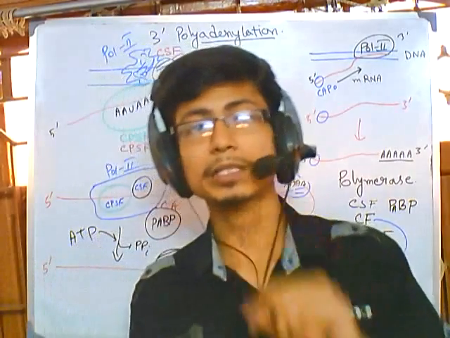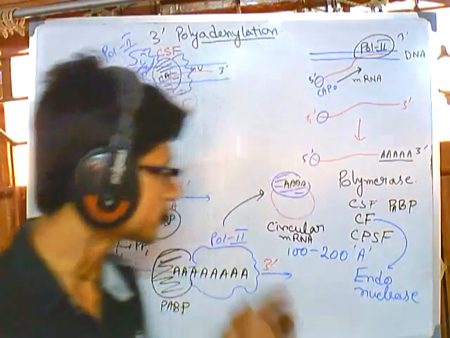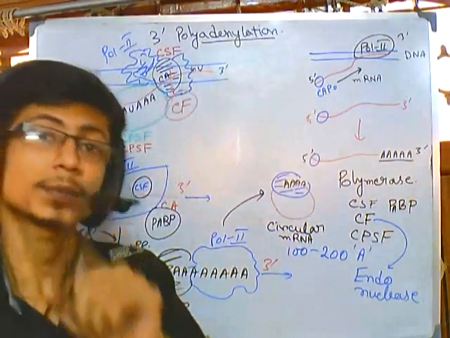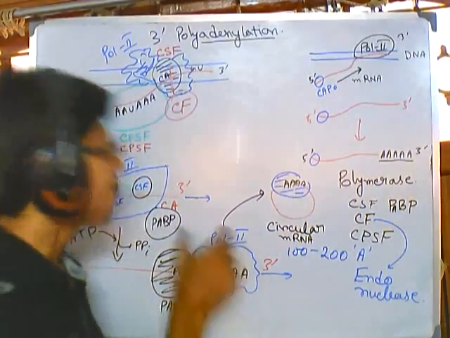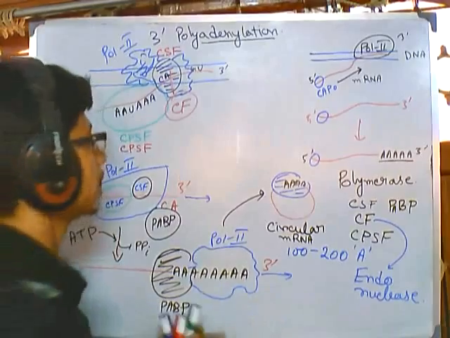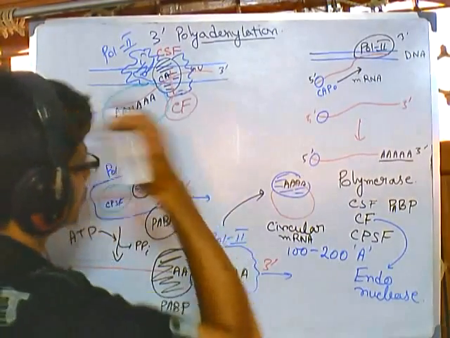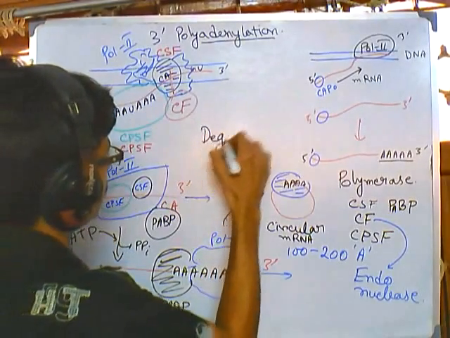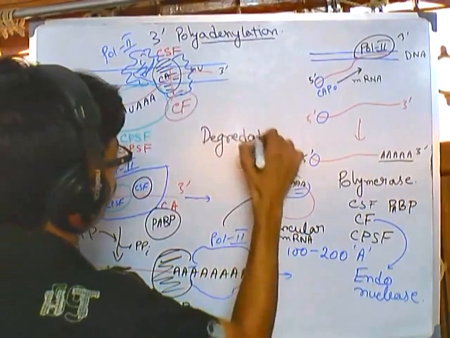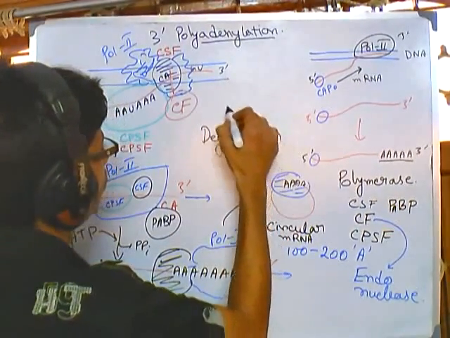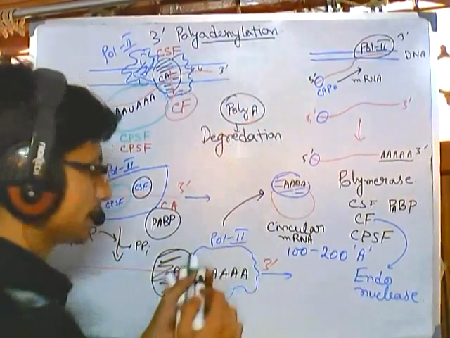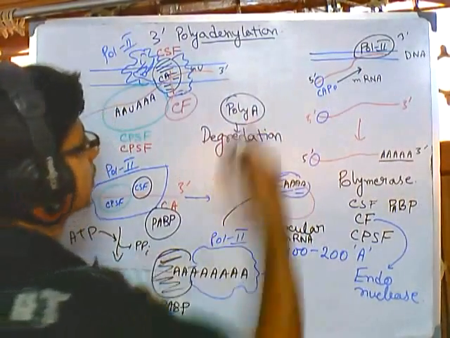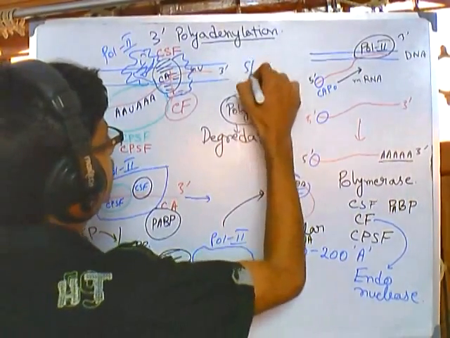Also, another important thing I must tell you is that in case of some prokaryotes and also some organelle mRNAs, polyadenylation signals degradation. So poly A can suggest degradation, it can suggest stability.